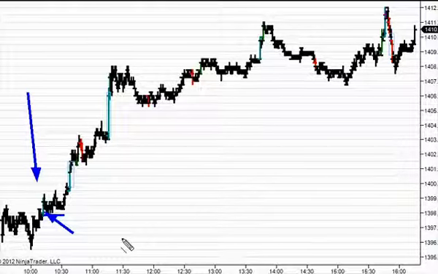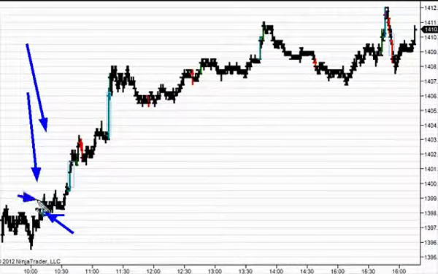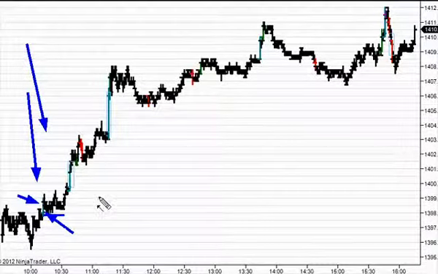And so at this point, there's some conflict. The bigger picture bias is at least transitioning down, whereas the short-term structure right now is actually telling us that bulls are in control. At least the way that I look at this is I prefer to trade on the side of the bigger picture bias.